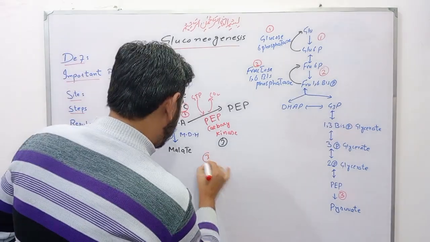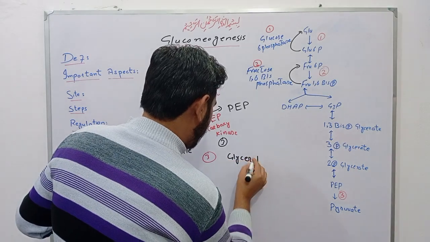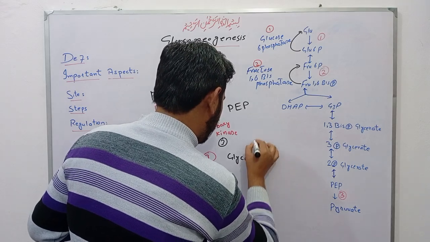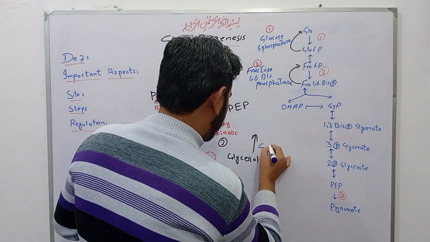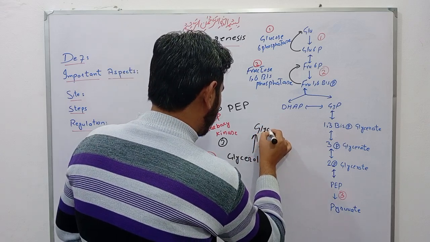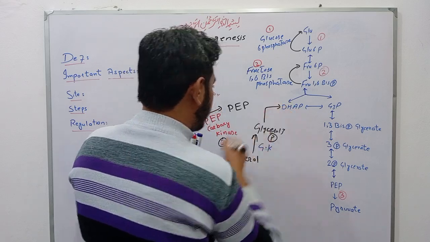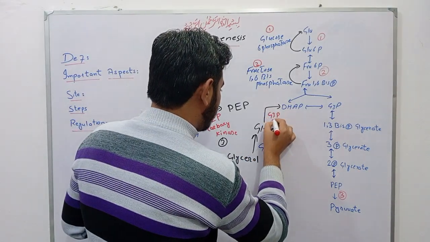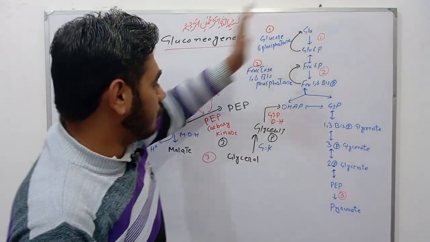This glycerol, with the help of glycerol kinase enzyme, is converted into glycerol 3 phosphate, and glycerol 3 phosphate in the next reaction converts into dihydroxyacetone phosphate with the help of glycerol 3 phosphate dehydrogenase enzyme, and in this way the dihydroxyacetone phosphate converts into glucose.